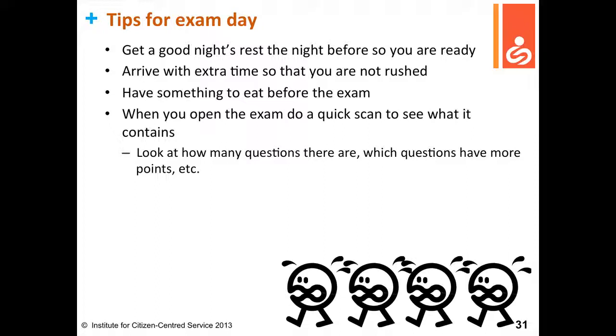The reason you're not allowed to add any other pages is because it's really easy for those pages to go missing, and then it gets to be a really difficult thing to make sure that all the papers are there and marked and not lost or not put with the wrong exam. So keep all of your answers in the exam booklet for the open-ended questions, and use the spaces provided.